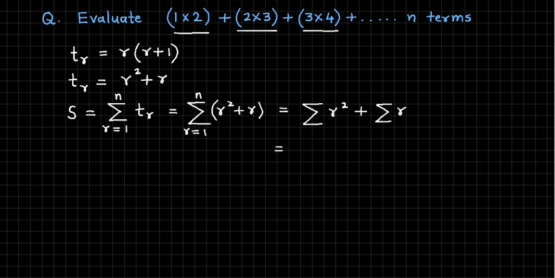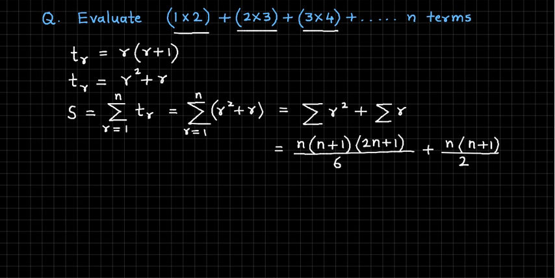Now we know the formula for summing the squares of the first n natural numbers, which is n into n plus 1 into 2n plus 1 whole divided by 6. And the sum of the first n natural numbers, which is summation of r, is given by n into n plus 1 whole upon 2.